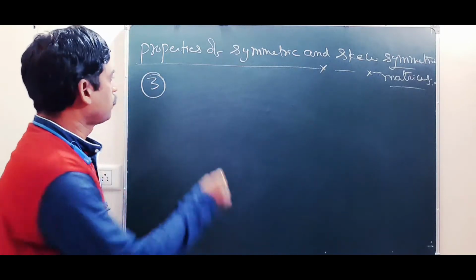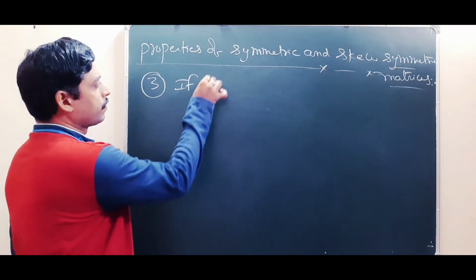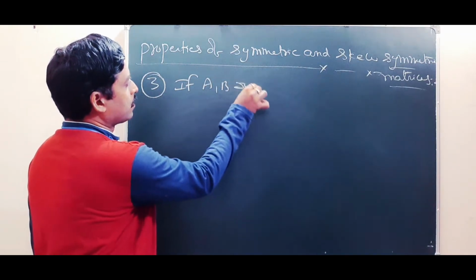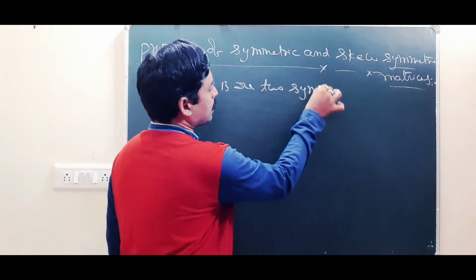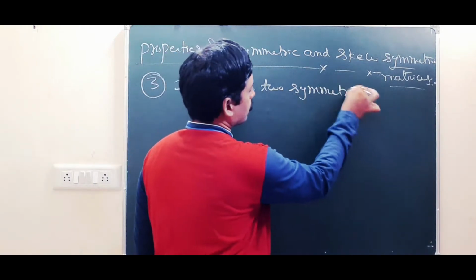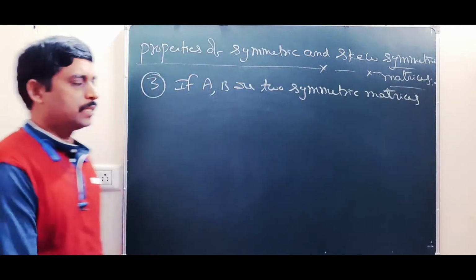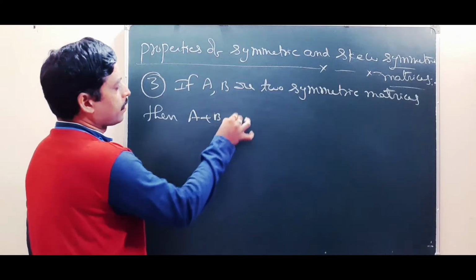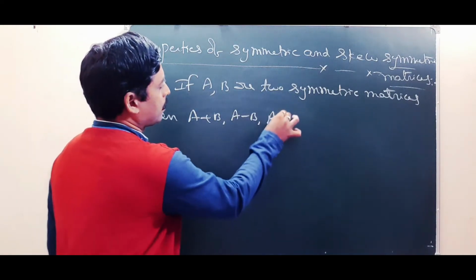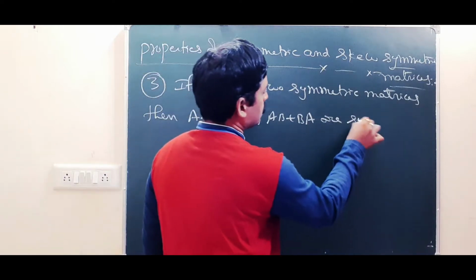Okay, now explain the third point. If A and B are two symmetric matrices, then A plus B, A minus B, AB plus BA are symmetric matrices.